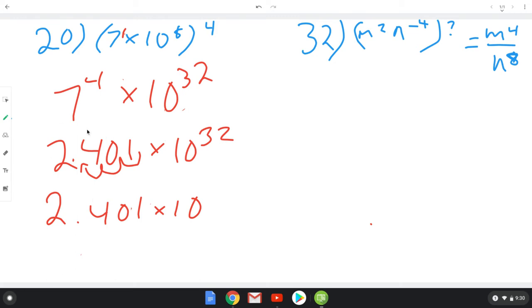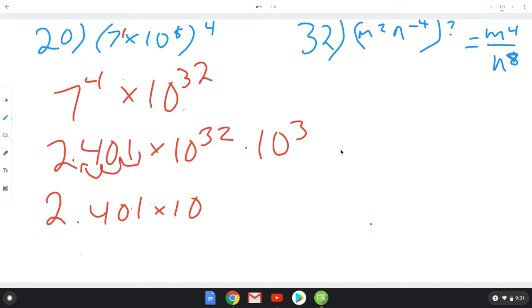So if we're dividing this side by 10 to the third, in order to not change what this number is, we have to multiply this side by 10 to the third, which remember is the same thing as adding the exponents here.